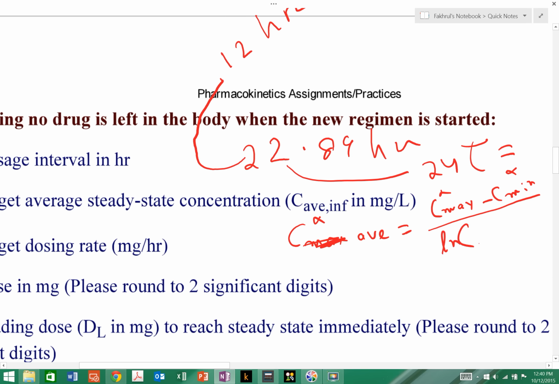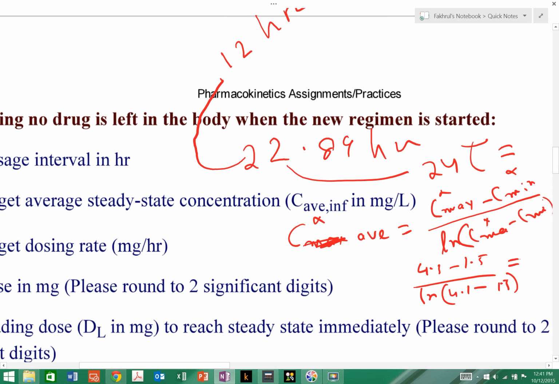So our Cmax is 4.1 minus Cmin 1.5, divided by ln of Cmax 4.1 over Cmin 1.5.